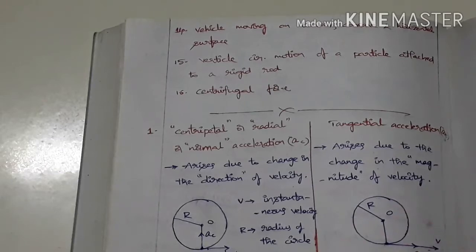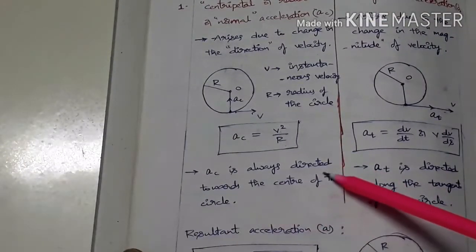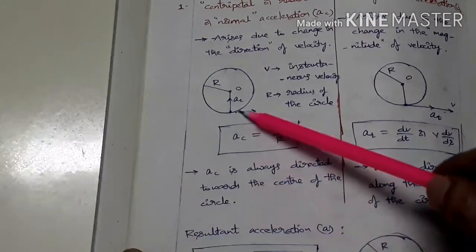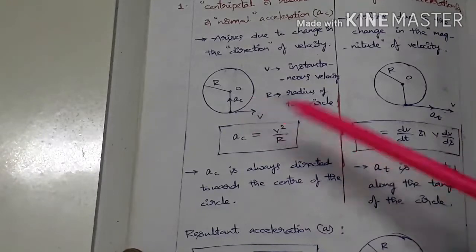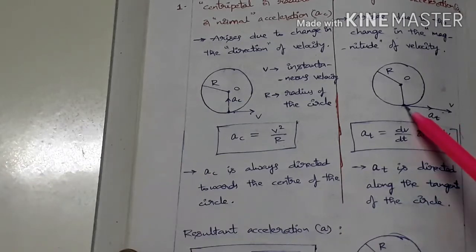Here, centripetal acceleration is always directed towards the center of the circle along the radius, and tangential acceleration AT is directed along the tangent of the circle.